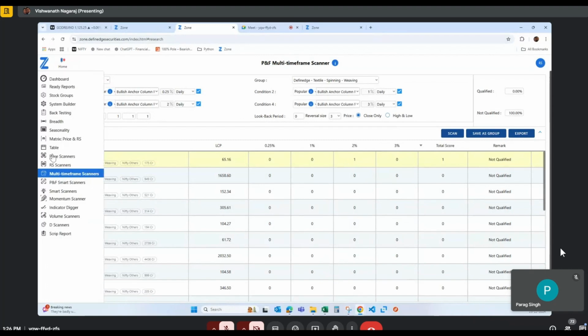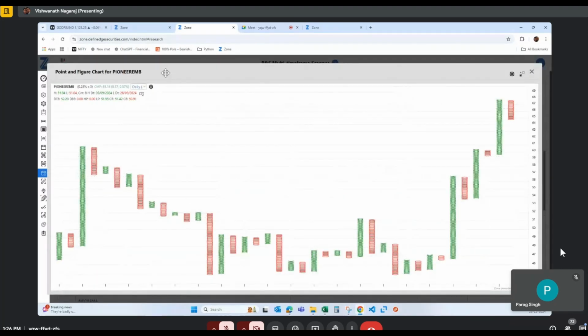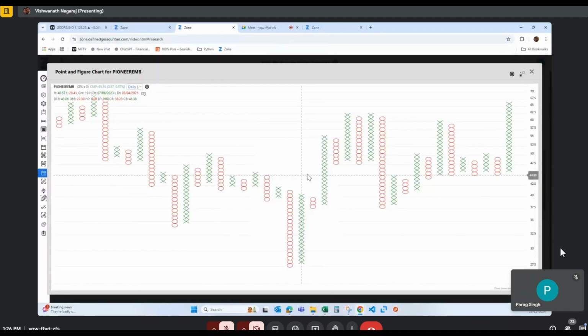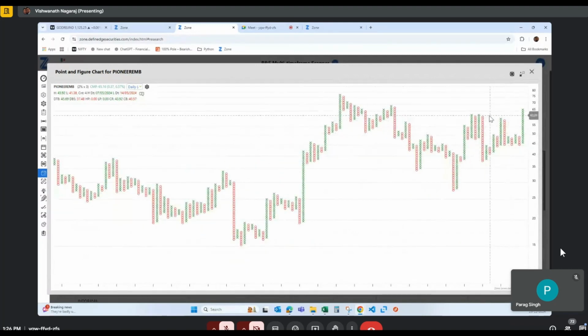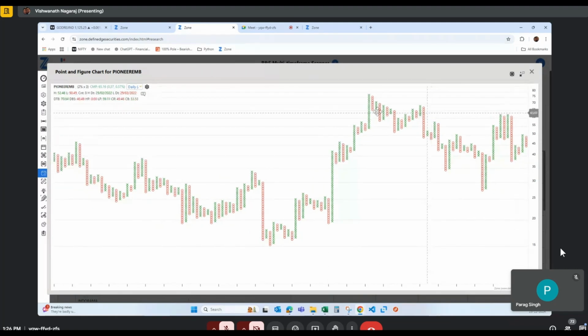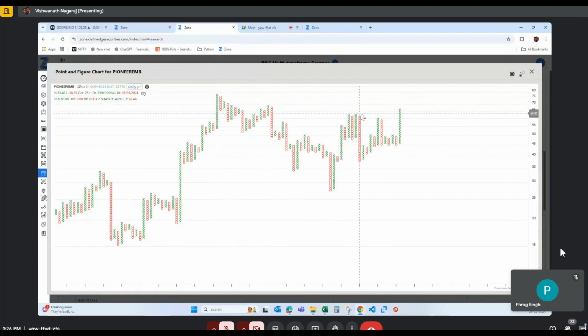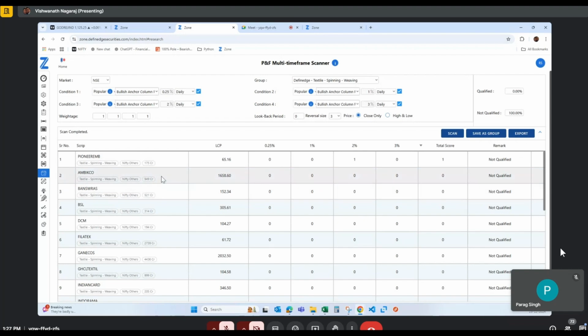Pioneer EMB at 2%. This is broken, but I'll have to wait for an anchor column follow-through on this. But I think this will give a nice 45-degree here. It will come either here or to half of this, which is anyway a good pattern.